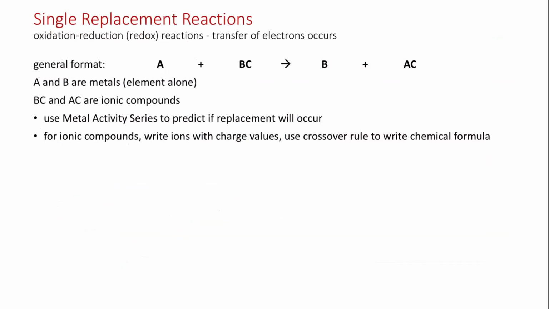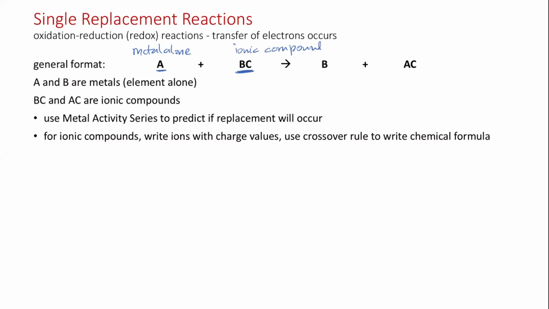So here's the general format of the single replacement reaction: you have the one element that is a metal alone. So this is a metal alone. And then you have an ionic compound. For this ionic compound, there is a metal in that ionic compound.